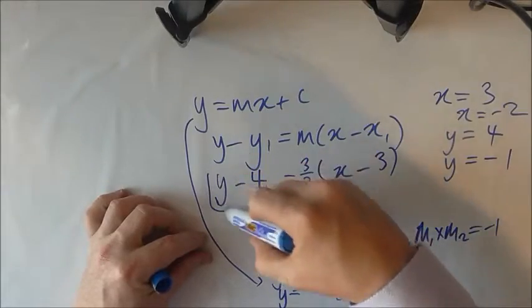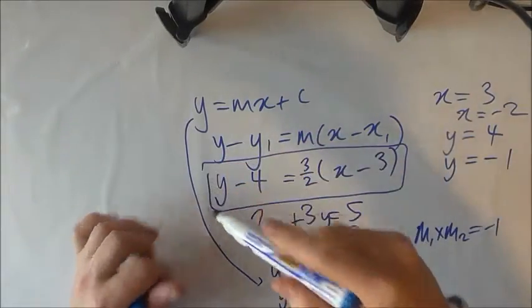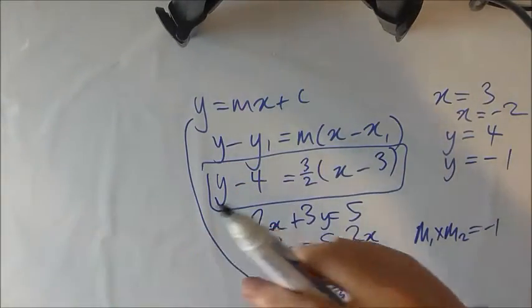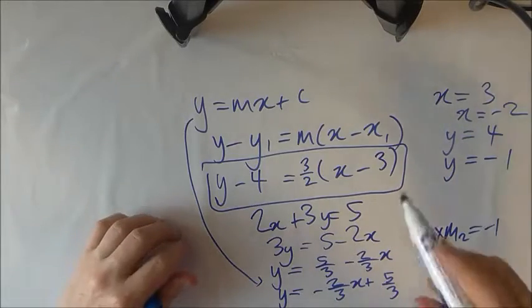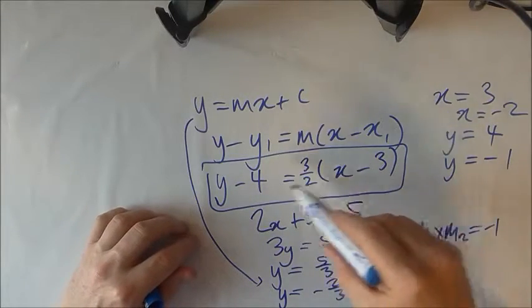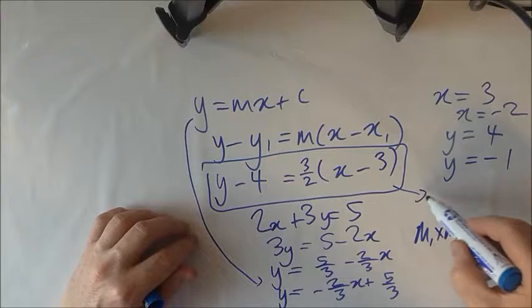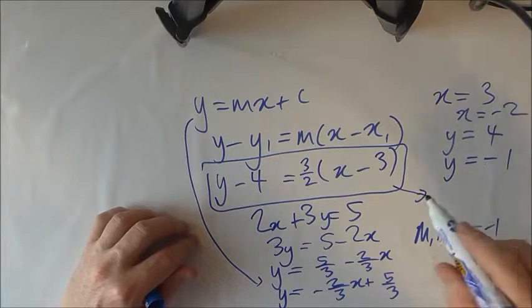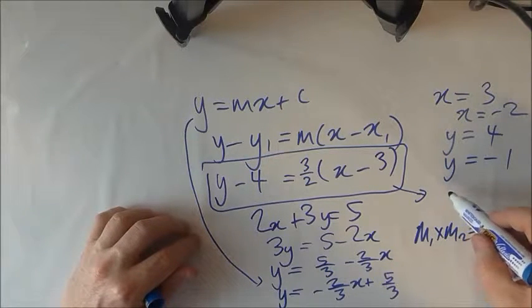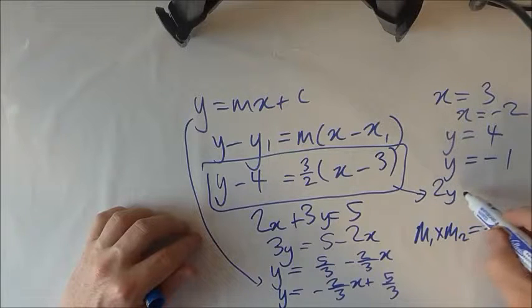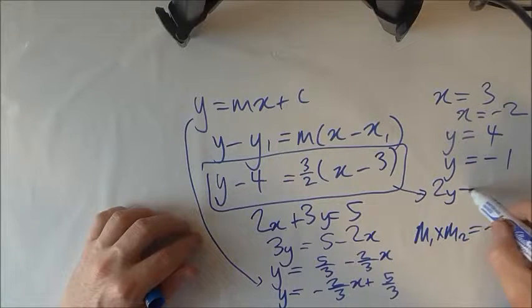So that equation there is our line, and you should tidy this up and make it so there's just 3 terms. Either have x by itself, y by itself, or a 0 by itself. If I double everything, I get this.